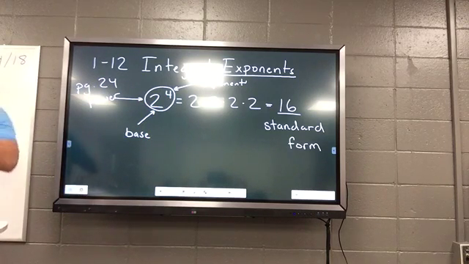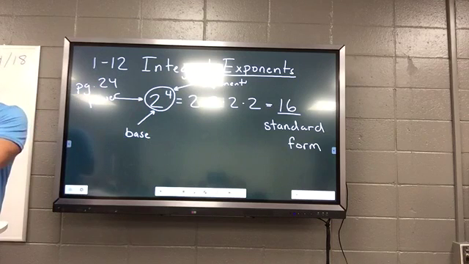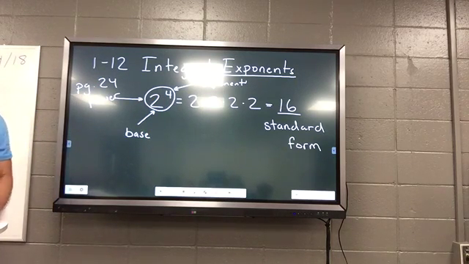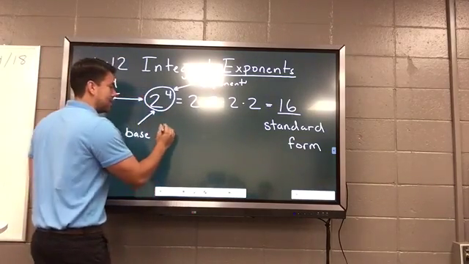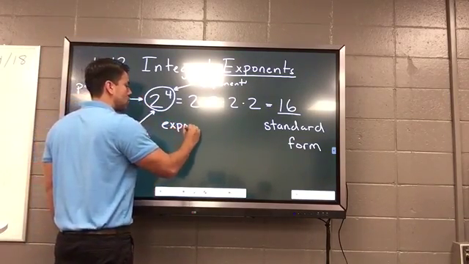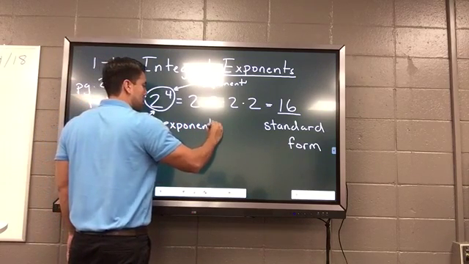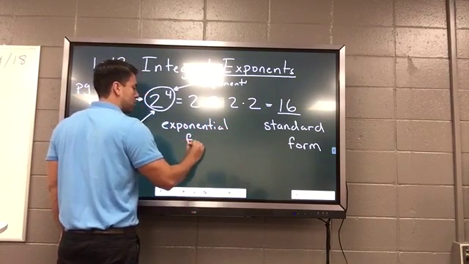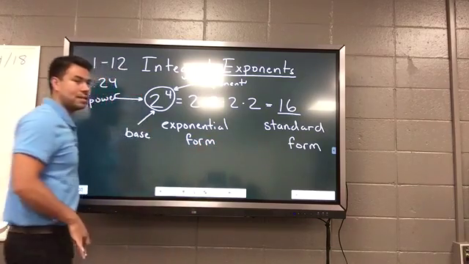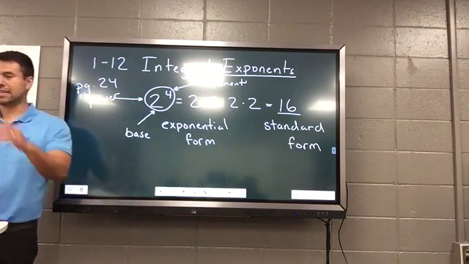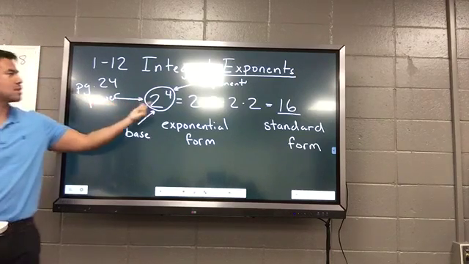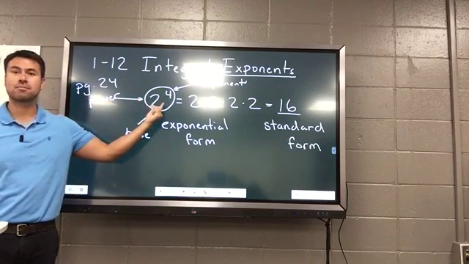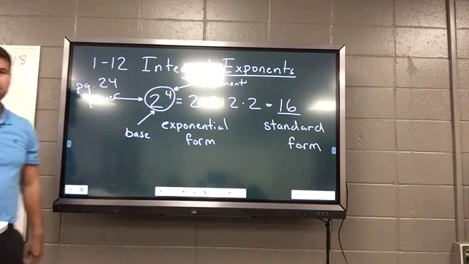We don't normally see numbers with exponents, but we do call it, and it's in your book if you want, it's in yellow, highlighted. Exponential form. Exponential form means this: it's an expression that has an exponent. So does this expression have an exponent? Exponential form.